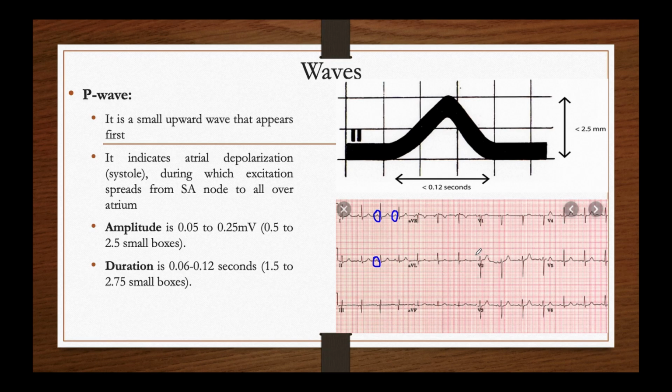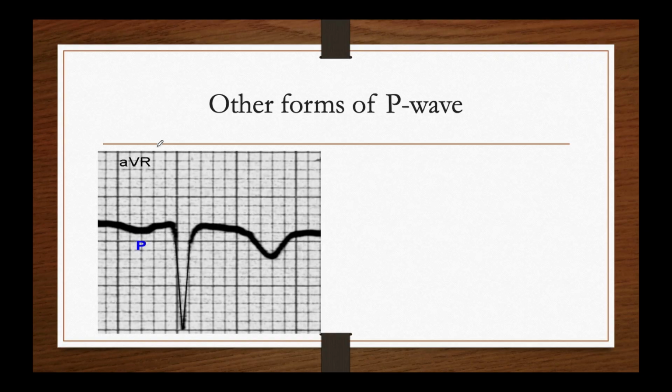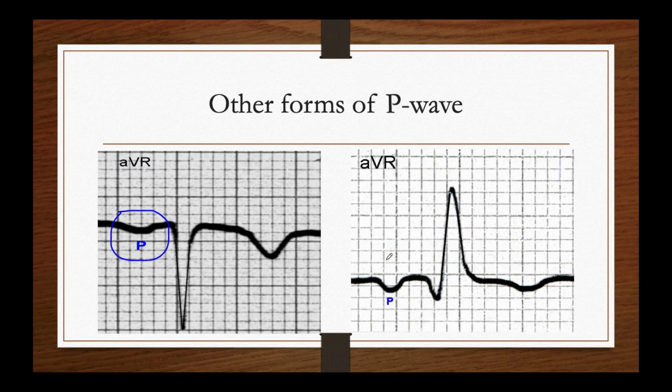And so it is important for us to know that P waves are inverted in lead AVR, as you can see in this diagram. So this is AVR, and you see the P wave is inverted, and also over here you see that the P wave is inverted. QRS complexes can also be inverted, or have an upright configuration, relative to the isoelectric line, as you can see over here.